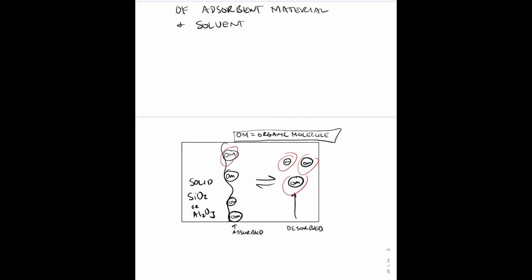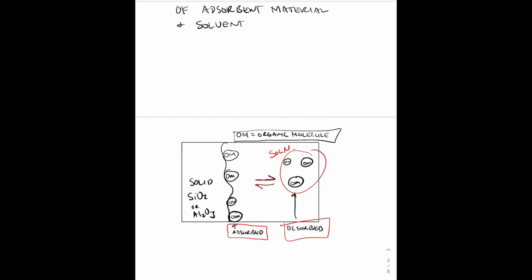The ones directly on that solid are the organic molecules that are adsorbed, and these other ones floating around are the ones that are desorbed, and those are actually in solution. Those are in the mobile phase, and so they're able to go back and forth. That's what this equilibrium is. So they're going back and forth, adsorption and desorption.